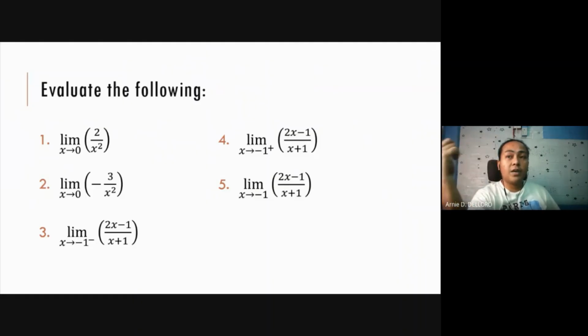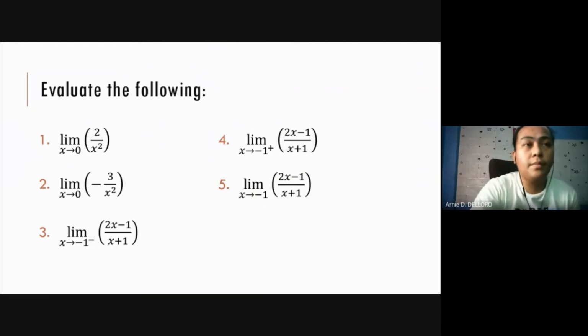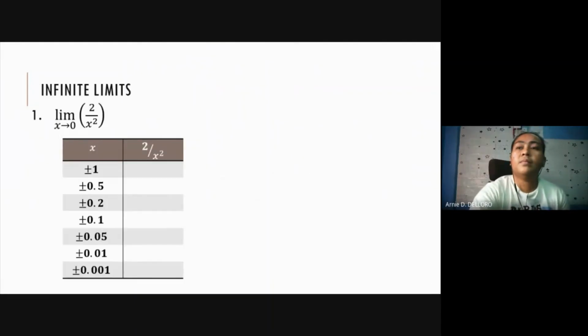Okay? Sige, i-graph natin yung mga functions. Because we have infinite limits. Okay? So, if we'll take positive and negative 1 as the value of x, this will give us positive 2. Kapag 0.5, ang value ng function ay 8 and so on. Kung mapapansin nyo, habang papalapit ng papalapit sa 0 yung value, okay?